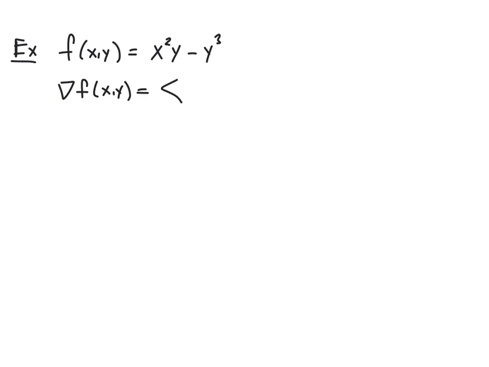So the partial with respect to x is going to be 2xy, and the partial with respect to y is going to be x squared minus 3y squared. And so this is a formula for our gradient vector field. For any point in the plane x, y, we can compute this vector, and then if we wanted to, we could draw an arrow in the plane pointing in the indicated direction with the given magnitude.